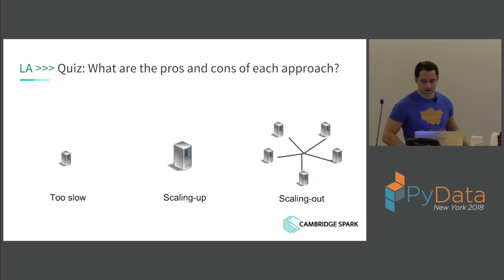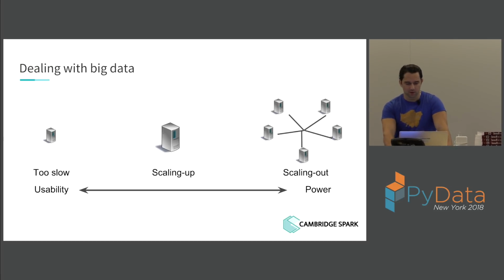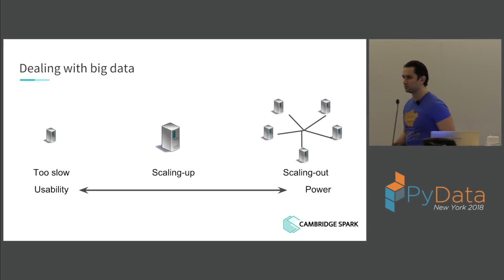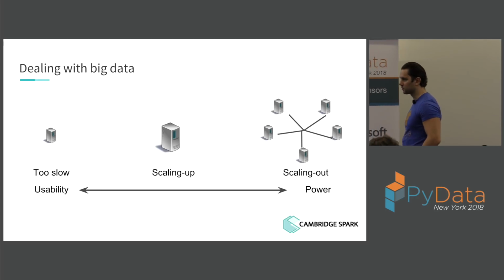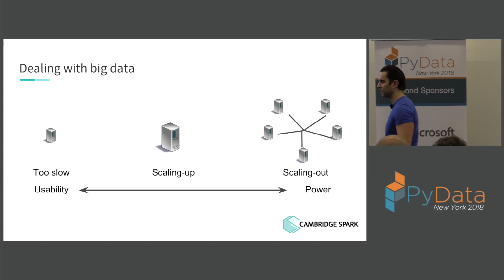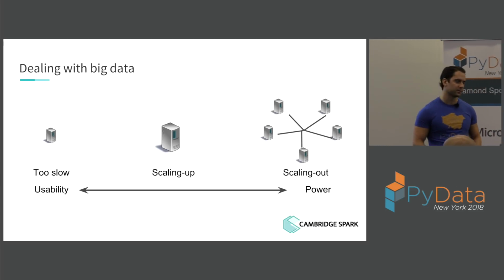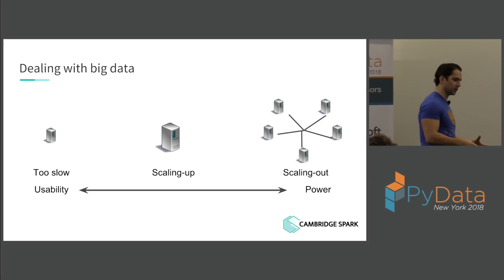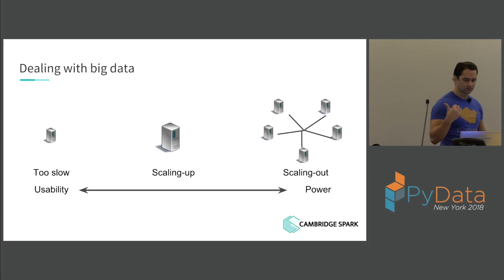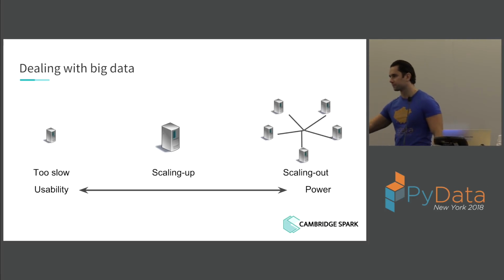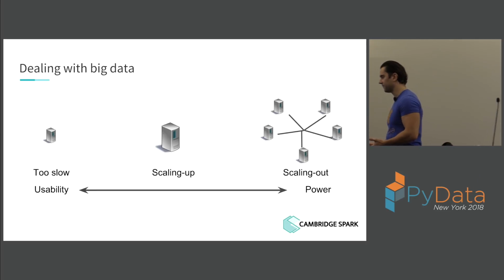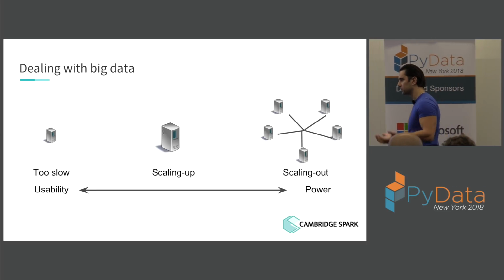And obviously, there are trade-offs for all the solutions. So on the left-hand side, you have high usability. You can code on one computer, great, pandas, we love pandas, or Spark, that I'm going to mention in a bit, and it just works. If you go on the right-hand side, you get a lot of power, potentially infinite. We can scale out on demand.